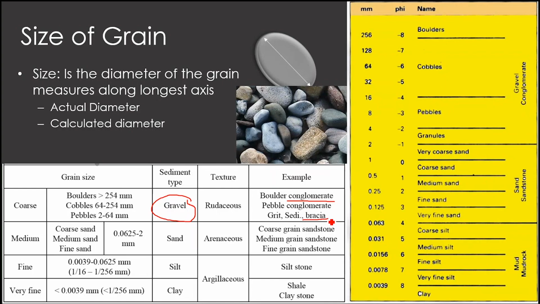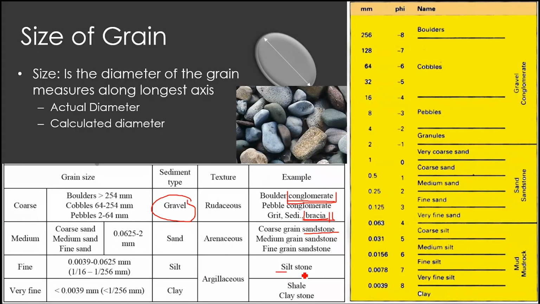If you remember, yesterday we discussed the same terminologies. The rocks of sedimentary origin which are made up of gravel size particles, we call a conglomerate. And all the rocks which are made up of sand, which indicates the rocks made up of grains of size 2 millimeter to 1 by 16 millimeter, we call a sandstone.